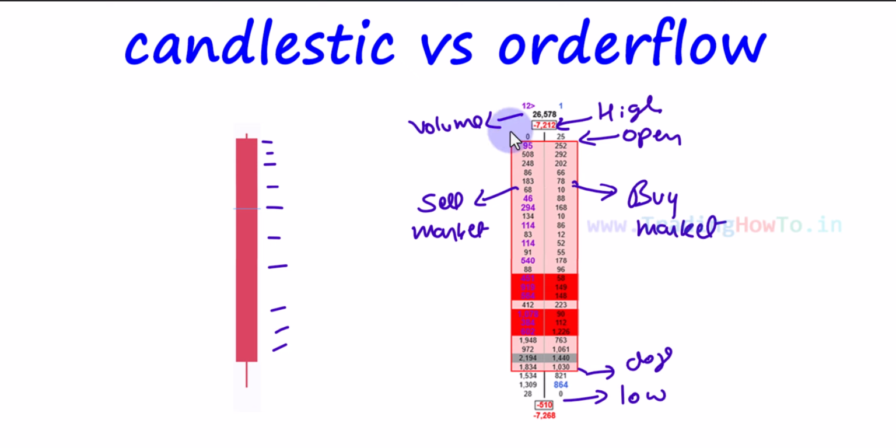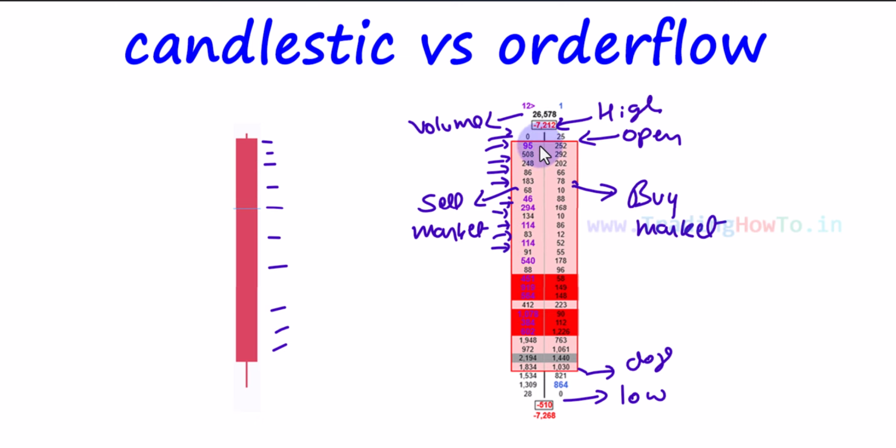The numbers on the left are the aggressive or market sell orders, and on the right, aggressive or market buy orders. So now we know exactly how many trades were taken at each price point.